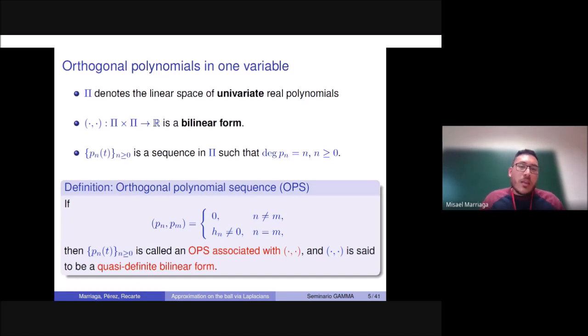And I'm saying this because this does not occur in several variables. I'm going to mention it in a few slides, but I just want you to keep in mind that there's a difference between one variable and several variables.